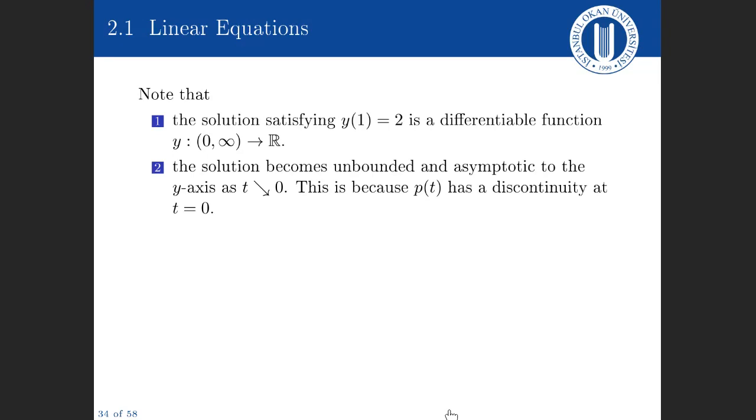The solution becomes unbounded and asymptotic to the y-axis as t decreases to 0. This notation, if you haven't seen it before, is the same as t tends to 0 from the right. Makes more sense to me to write this downwards arrow: t is tending to 0 and t is decreasing.